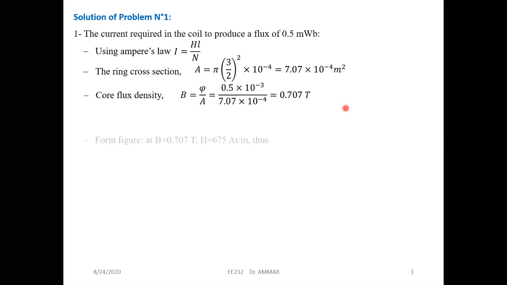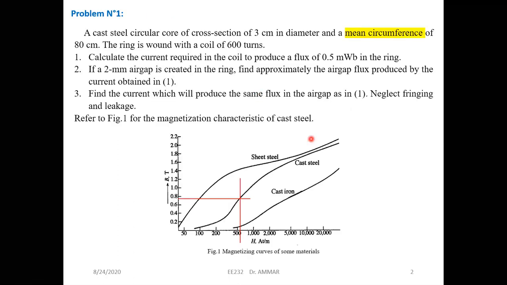Tesla. So according to this value, we are going to find the required H, which is the field intensity, from the figure. So I did it already, but we can repeat it.